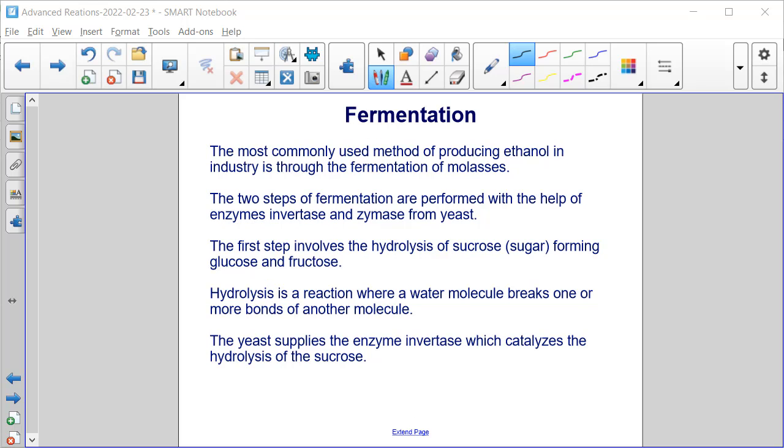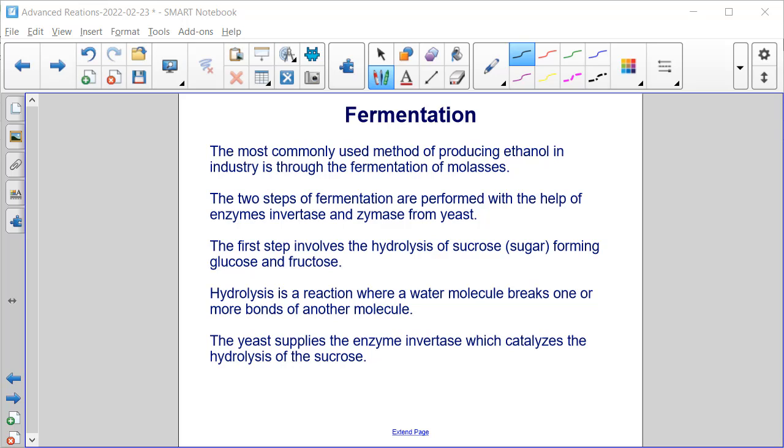The most commonly used method of producing ethanol in industry is through the fermentation of molasses. So fermentation will be the first process we discuss. The two steps of fermentation are performed with the help of enzymes invertase and zymase from yeast.